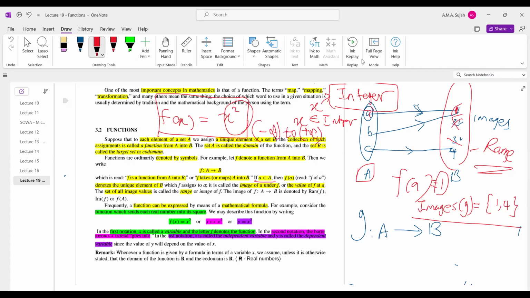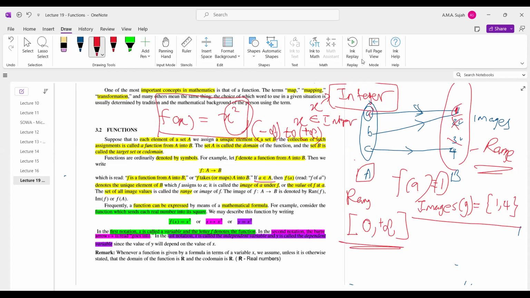But how about the codomain of this? Even if you put the largest negative value, you always get positive values, right? So if you write the range of this function, it comes from 0 to plus infinity.